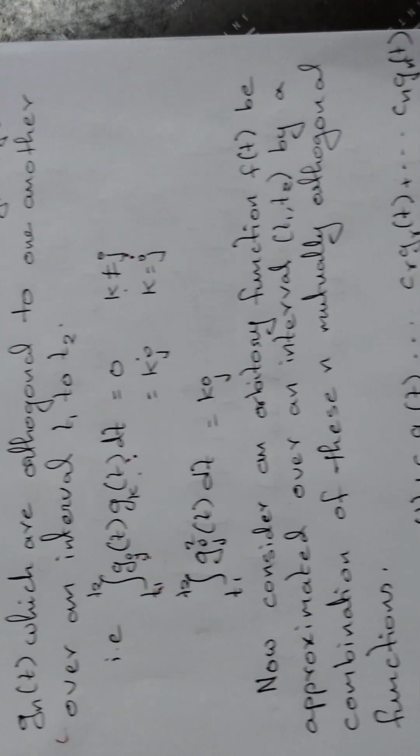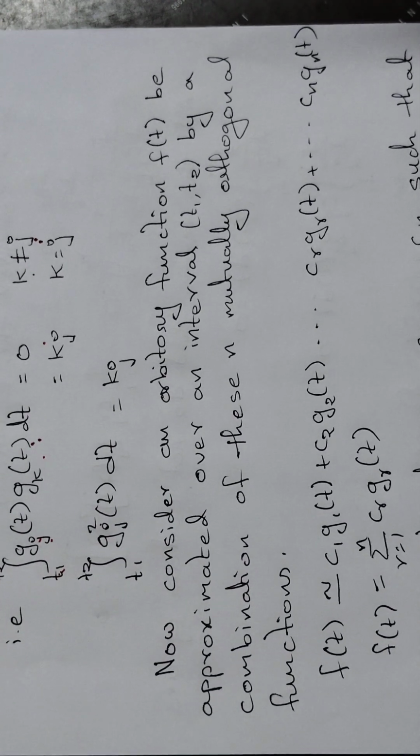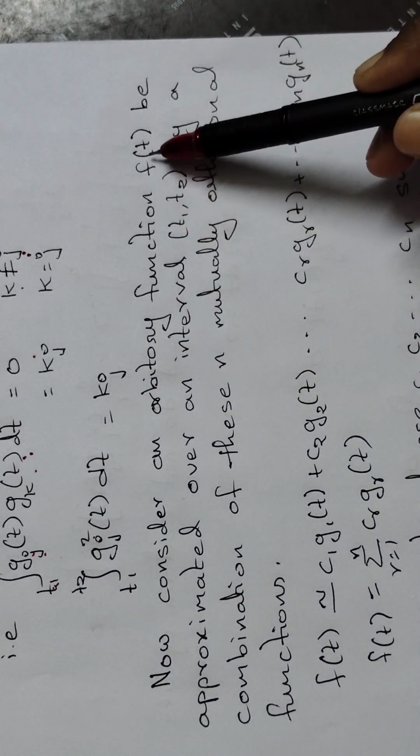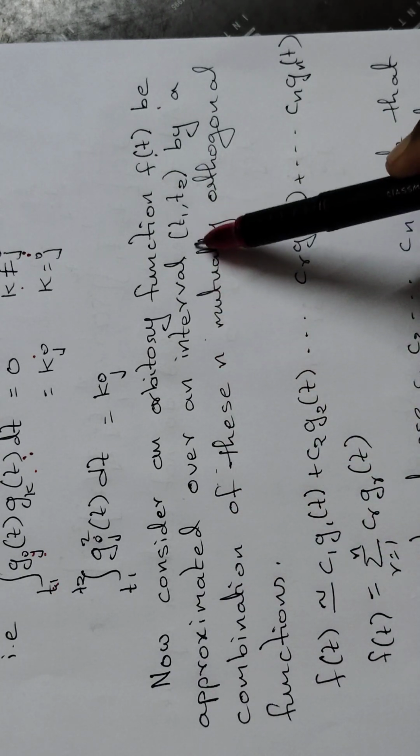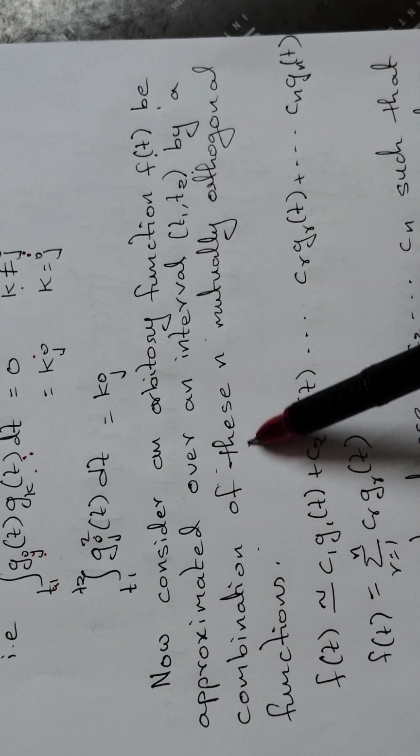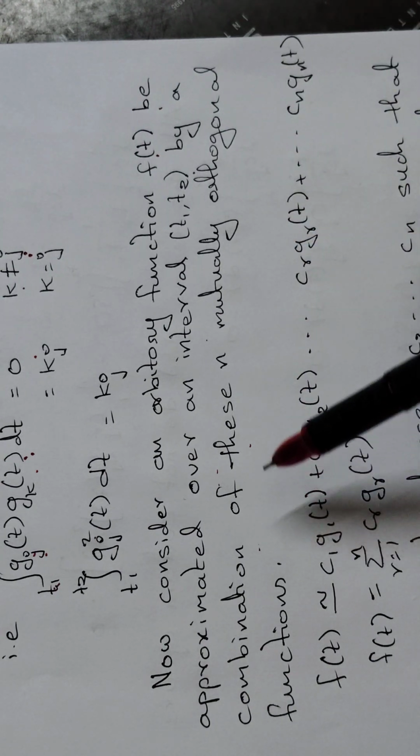Now consider an arbitrary function f of t to be approximated over an interval t1 to t2 by a combination of these n mutually orthogonal functions.